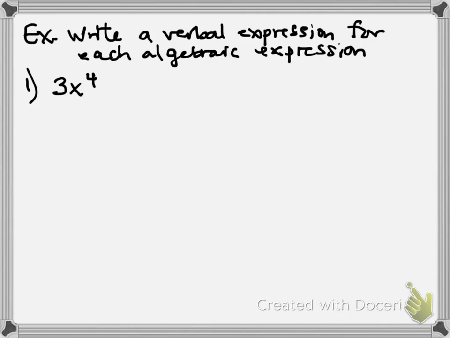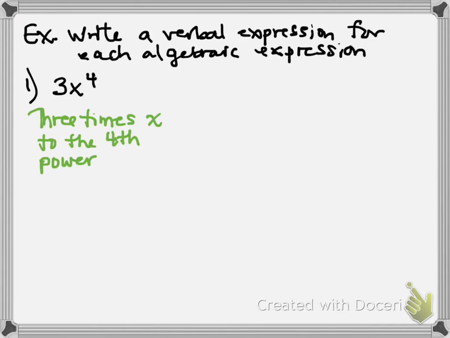So we would say 3 times x to the 4th power. So on your homework, if you have problems like this, make sure you write down the original problem, and then you tell me in words what it stands for. Does that make sense?